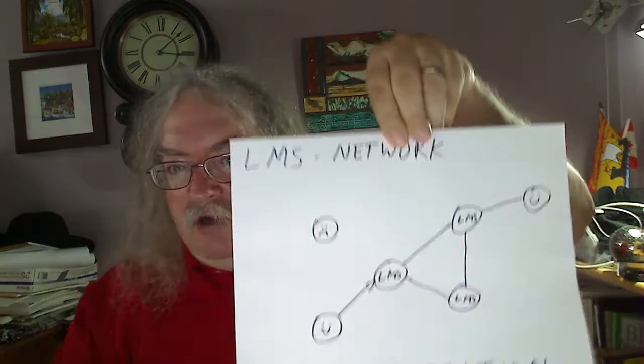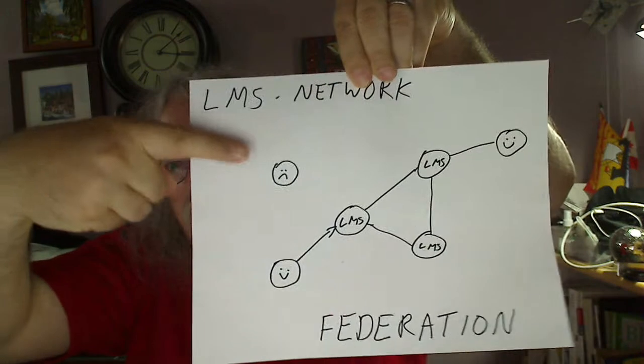So, for example, you might have an identity federation where if you log on to one LMS, your credentials will be recognized in any of the other LMSs. Shibboleth is a good example of an identity federation. The problem with a federation can be seen pretty clearly in this diagram, where we have this poor person over here.